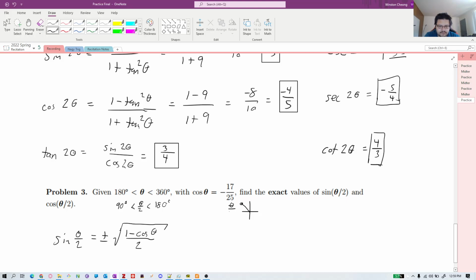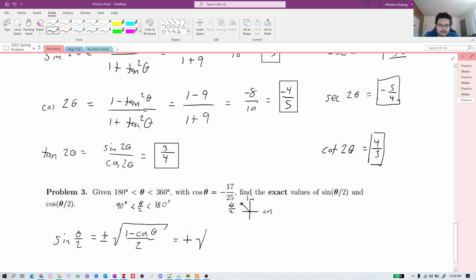So theta over 2 lives in the second quadrant. Okay, now let's label our axes, and we see that sine is positive and cosine is negative in this quadrant. Great. So we can tell that we actually want the positive solution for this square root.